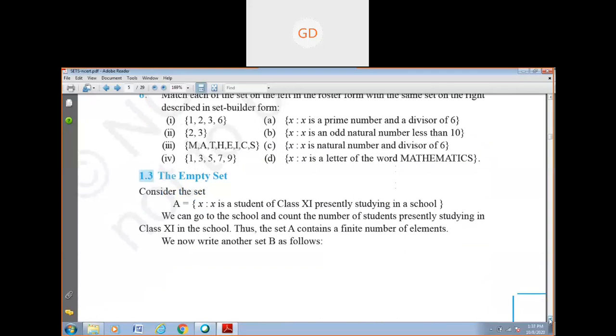Now I do hope you have understood the definition of sets, how to write a set, how to represent a set, and how to write that a particular element lies in a set using the symbol epsilon.